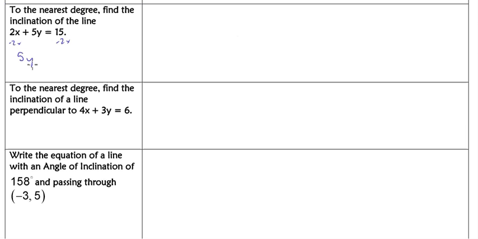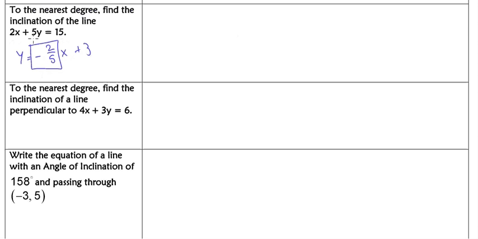We have 5y equals negative 2x plus 15. Divide each side by 5. And we get y equals negative 2/5 times x plus 3, but really what we're focusing on here is the negative 2/5.